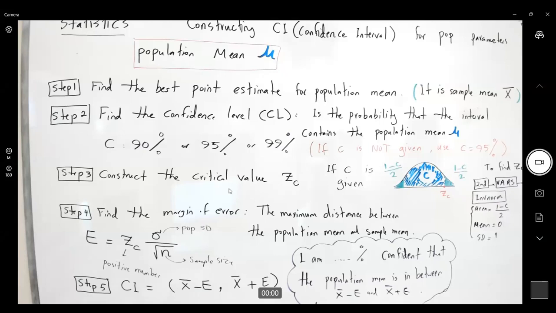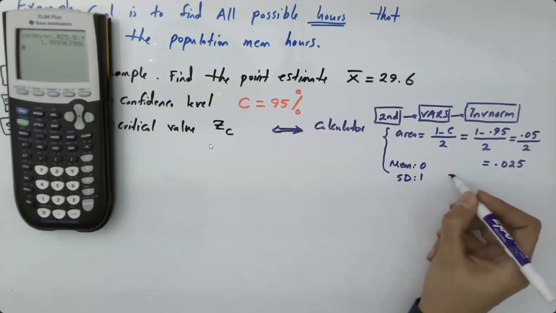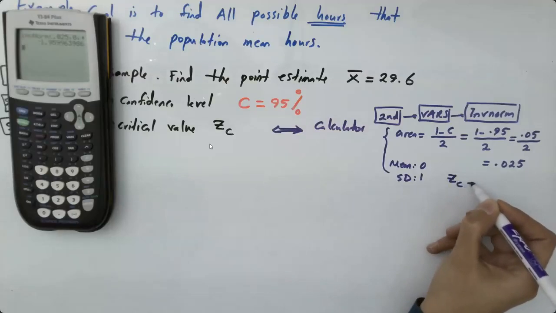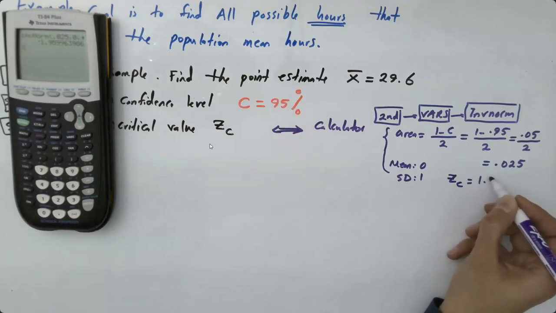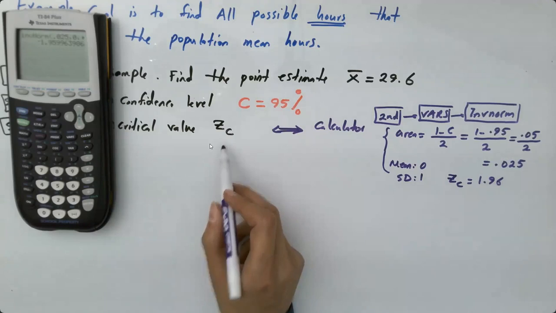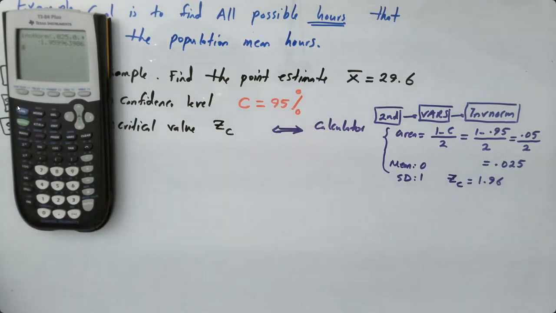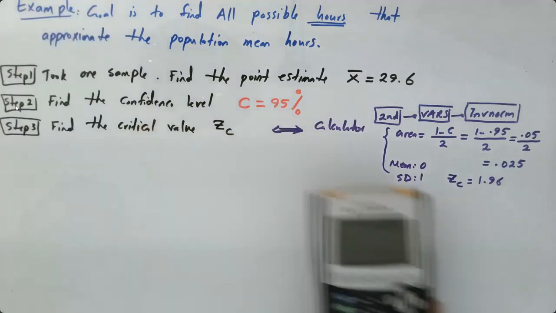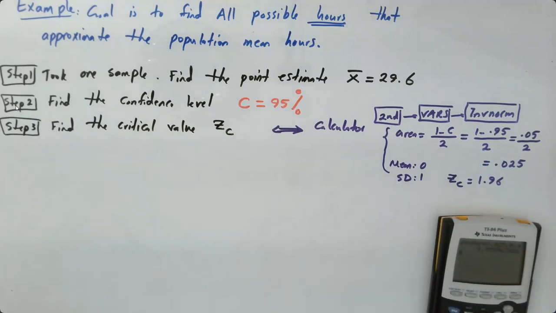Because the z value helps us calculate the margin of error, so the z value that you're going to use must be positive. So Z sub C is positive 1.96. I found my Z sub C. I'm good. Now I need to go to the next step and calculate the margin of error.